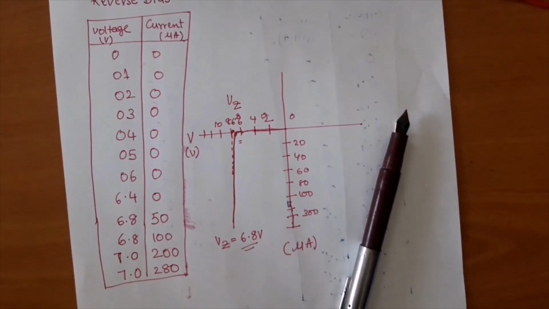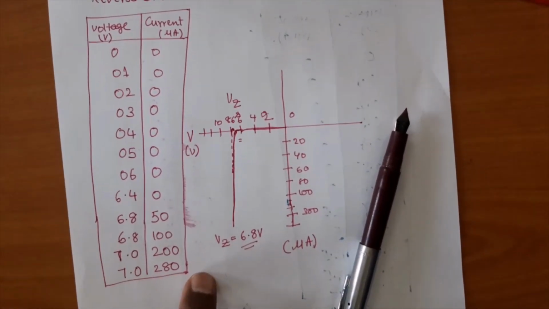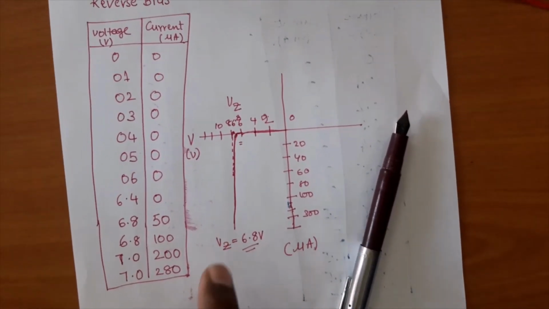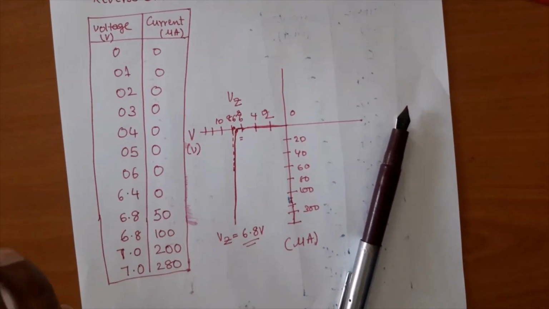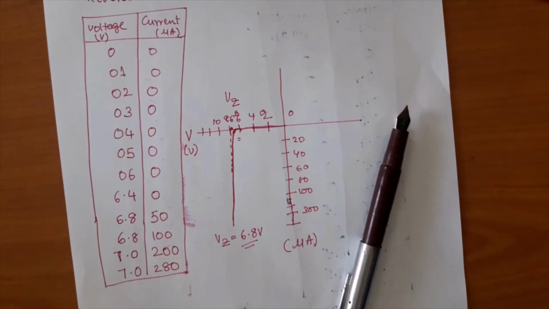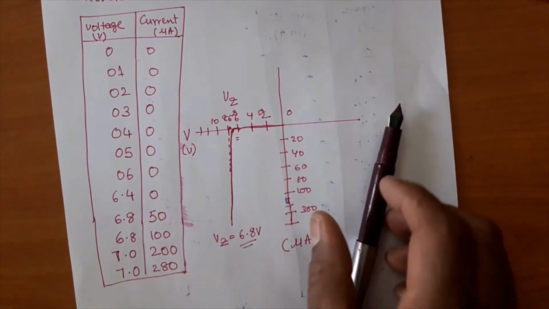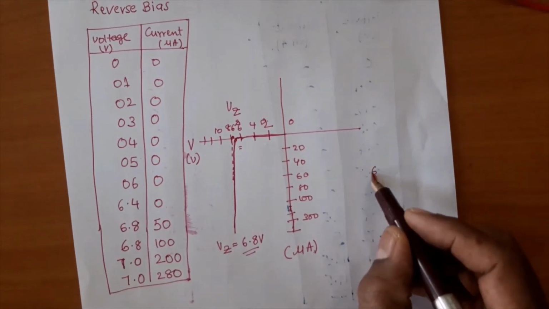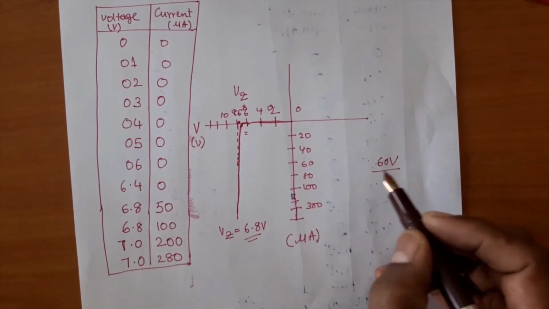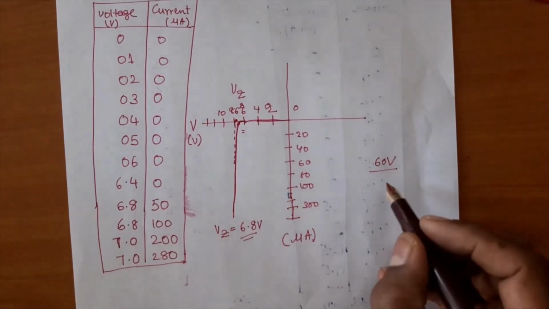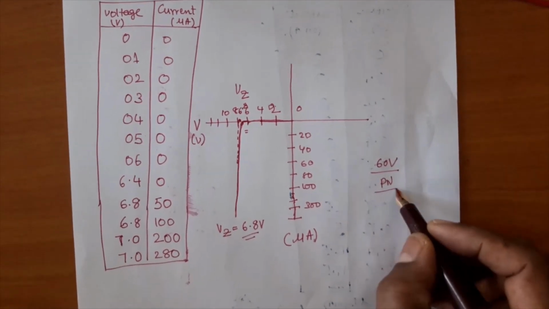But an ordinary diode will also have a breakdown. If you operate the ordinary diode in breakdown at higher voltages, because generally the breakdown voltage for an ordinary diode is around 60 or above. If you apply 60 volts in the reverse bias for a PN junction diode, it will burn out.